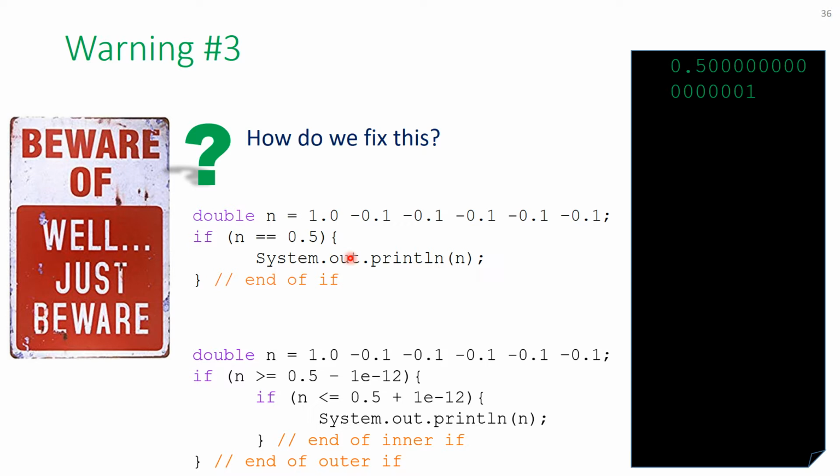And I know it's not 100% accurate, right? But for the sake of detecting if my result approximates 0.5, that's what I need to do. That is how you detect that n is equal to 0.5 with a precision of exponent minus 12. Okay? That's what you have to do. You have to manage those uncertainties. Okay?